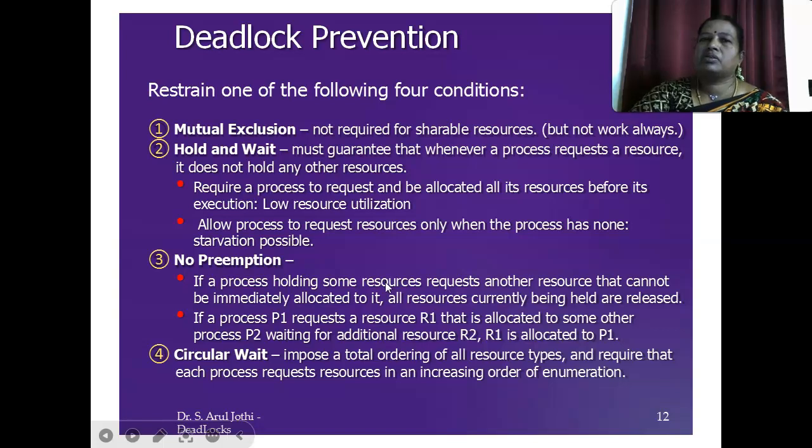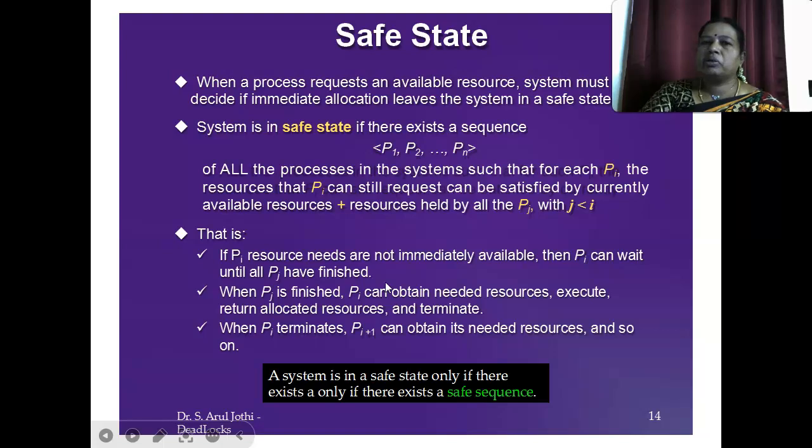So we should not use non-shareable resources, and we should not allow the system to get into a cycle. We have to check whether it is in a safe state or an unsafe state. If it is in a safe state, then deadlock will not occur. If a system does not form a cycle, then it will not lead to a deadlock state.